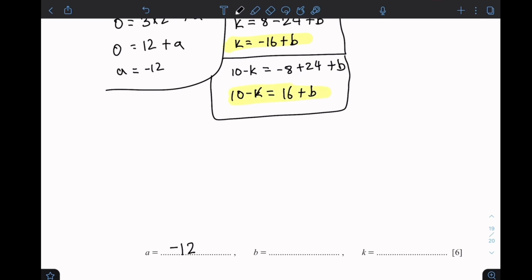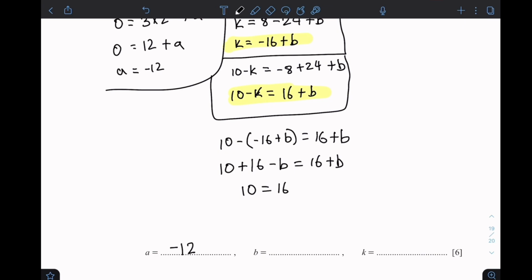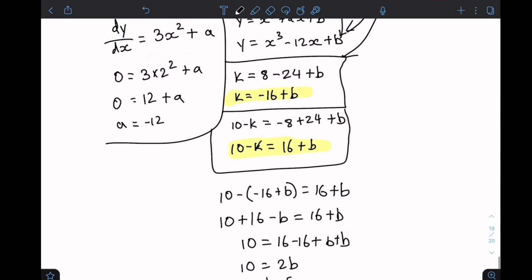So 10 minus negative 16 plus b is equal to 16 plus b. So 10 plus 16 minus b is equal to 16 plus b. And so 10 is equal to 16 minus 16 plus b, so 10 is equal to 2b, and b is equal to 5. So we figured out the value of b as well.